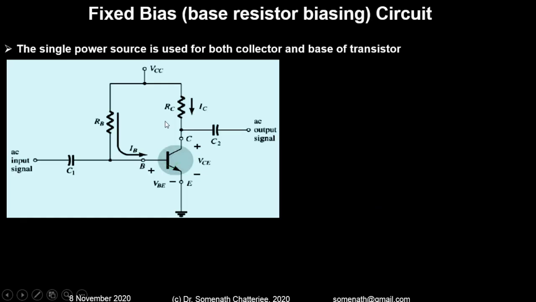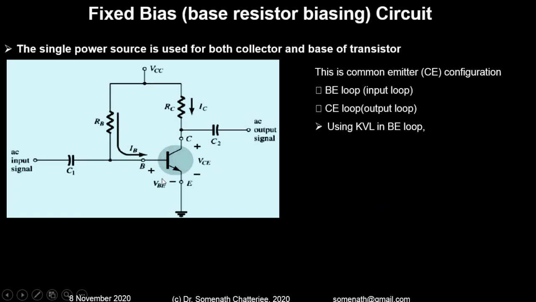So now we will go to the fixed bias, the base resistor biasing circuit. You can see here that we use one DC bias source, VCC, which feeds both the input loop and the output loop. The base to emitter loop is called the input loop, and the collector to emitter loop is called the output loop.